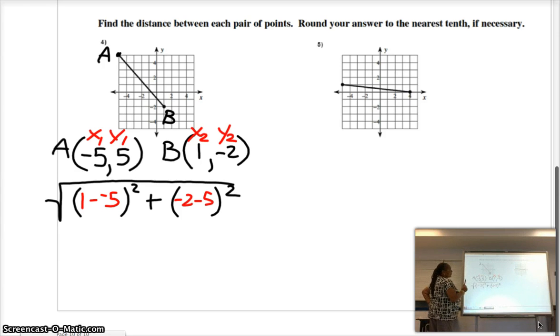Okay, now did you see where we got those? You're going to have to memorize this formula. x2 minus x1, y2 minus y1, okay? 1 plus 5 is 6. And -2 minus 5. -7, thank you.